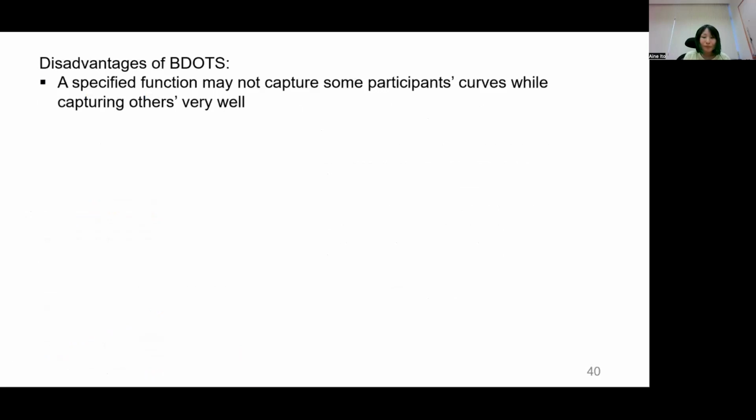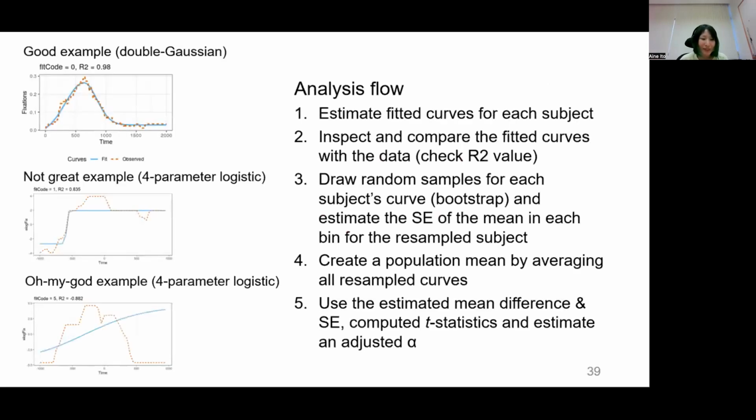Okay, so I talked briefly about the disadvantage of VDOTs. As we've seen before, the specified function may not really capture some participants' curves, although it might capture others very well. For example, in this case, we fit the 4-parameter logistic curve, which is suitable for fitting the looks to the target.